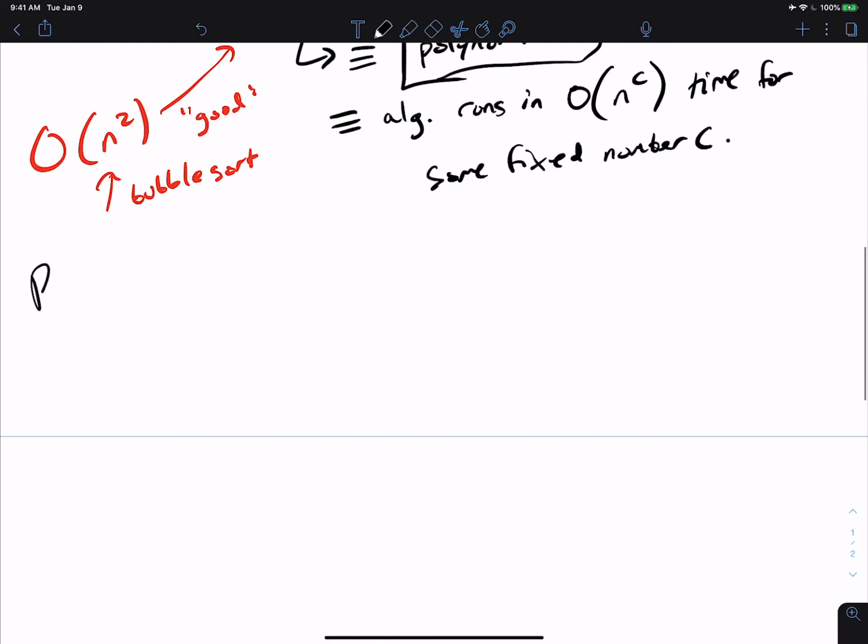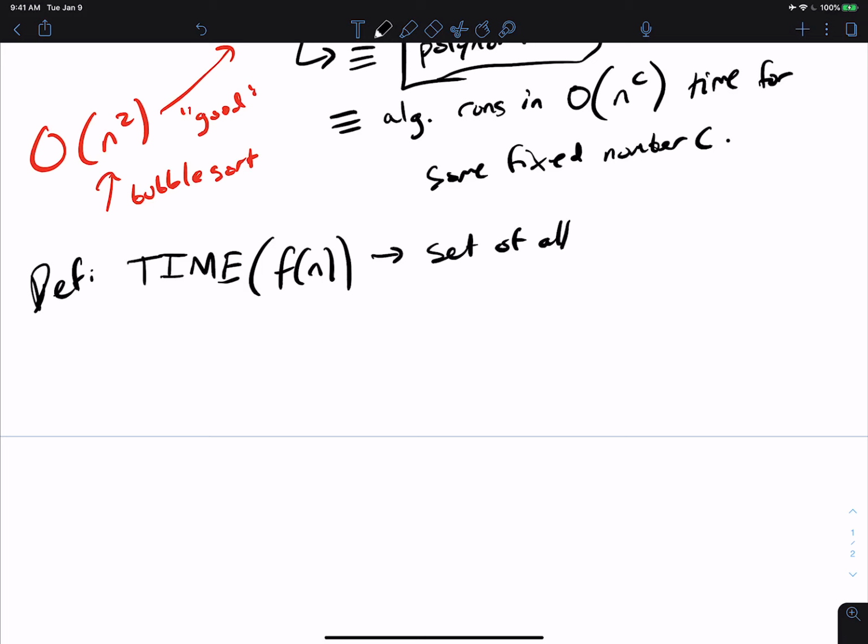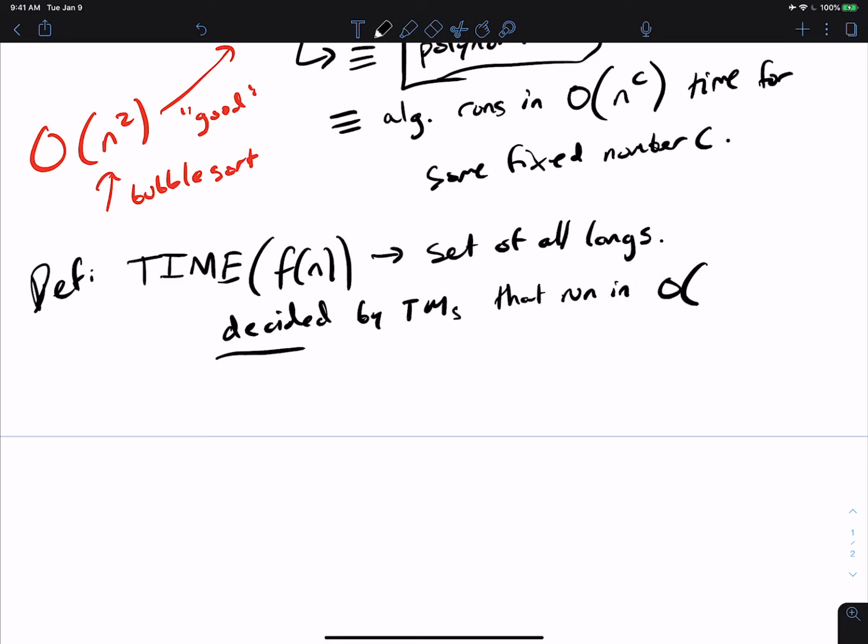So we're going to make a definition here, which is a class of languages called TIME of f(n). What is this? This is the set of all languages that are decided by a Turing machine, or Turing machines, because it's not one Turing machine deciding all problems, but Turing machines that run in big O of f(n) transitions.